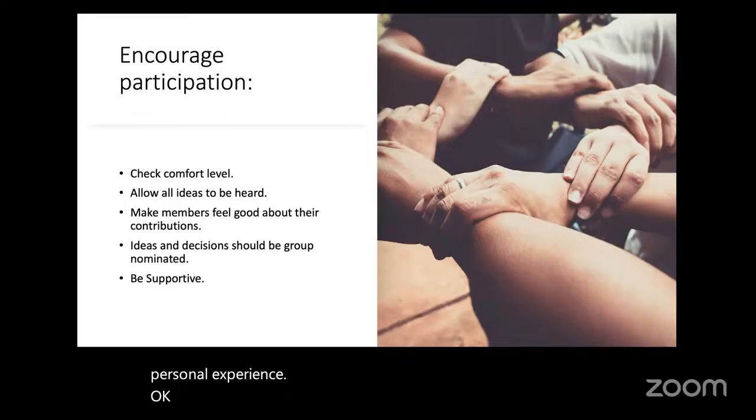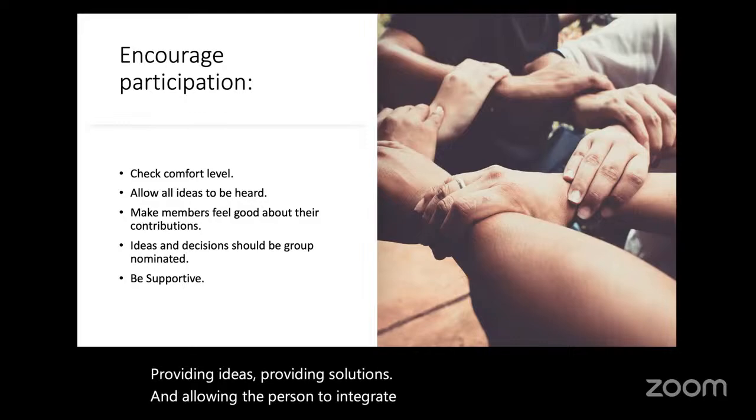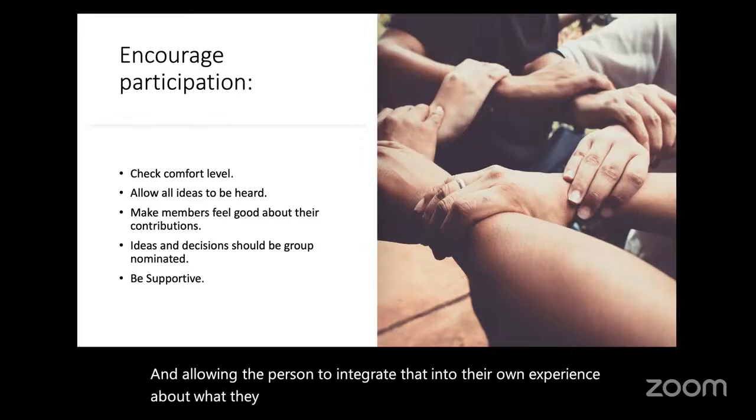Facilitating change is providing ideas, providing solutions, and allowing the person to integrate that into their own experience, not what the person giving advice experienced.